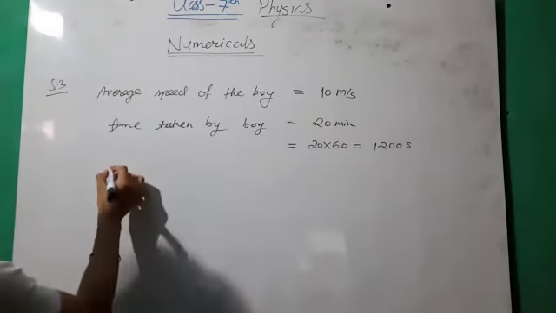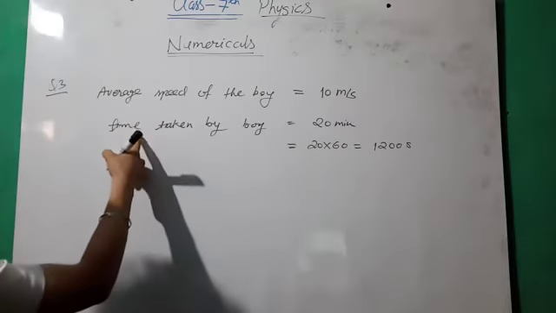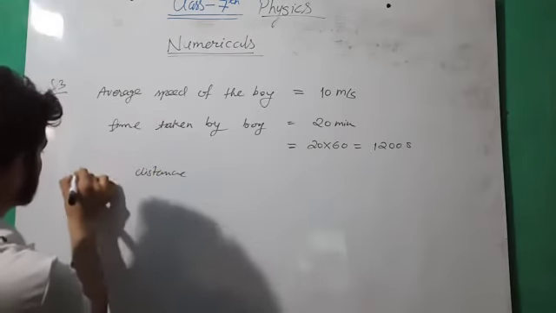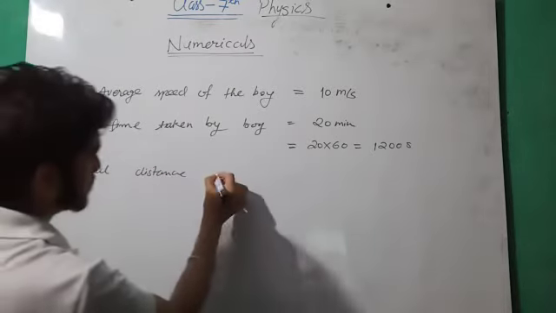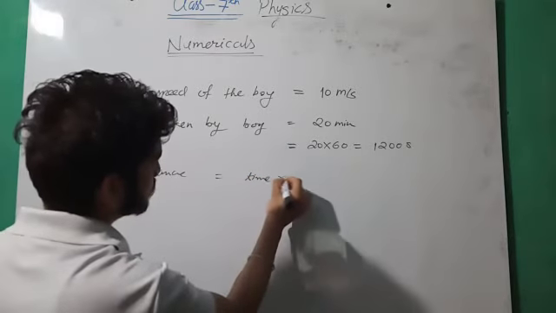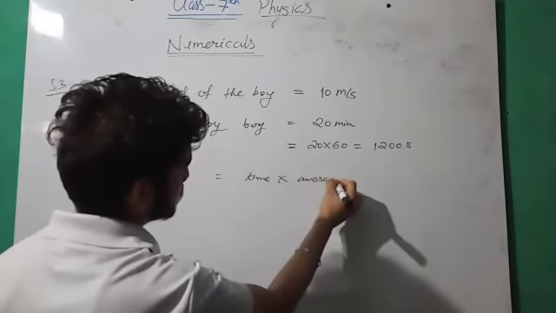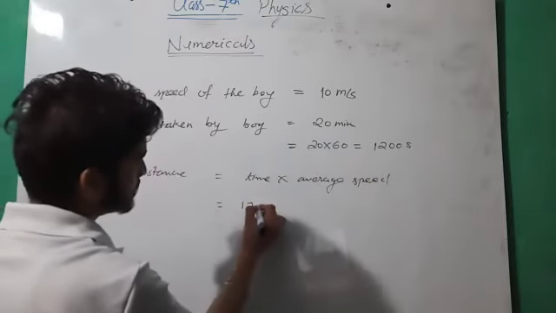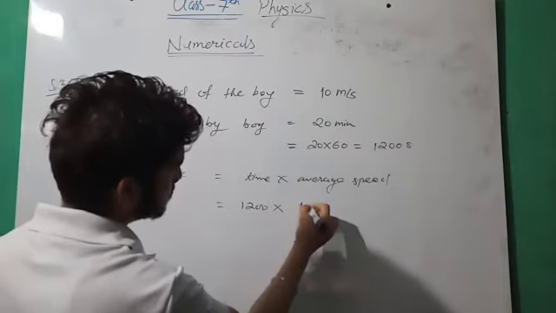Okay, now speed and time are given. We have to find out distance. Total distance we can find by using time into average speed, where time is 1200 seconds and average speed is 10 meter per second.